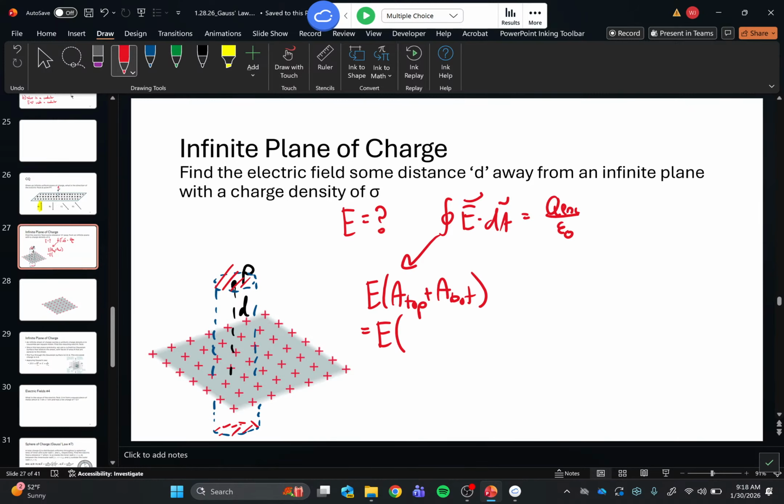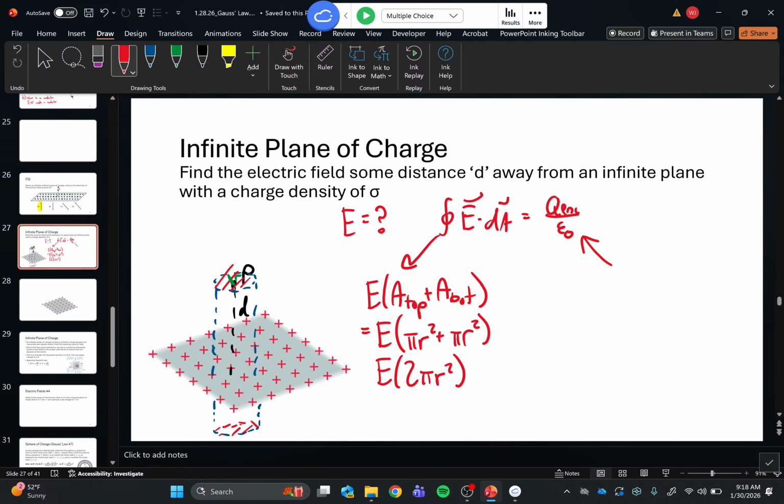What's the area of a circle? Pi r squared. Fantastic. Pi r squared plus pi r squared. This r is some random radius that we put there. What's the radius? It's the radius of this thing. It is not the distance. It's not d. It's the radius of our bubble. So we get E times 2 pi r squared.